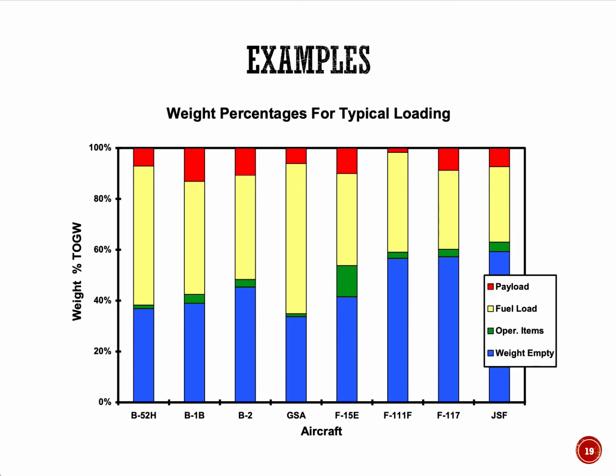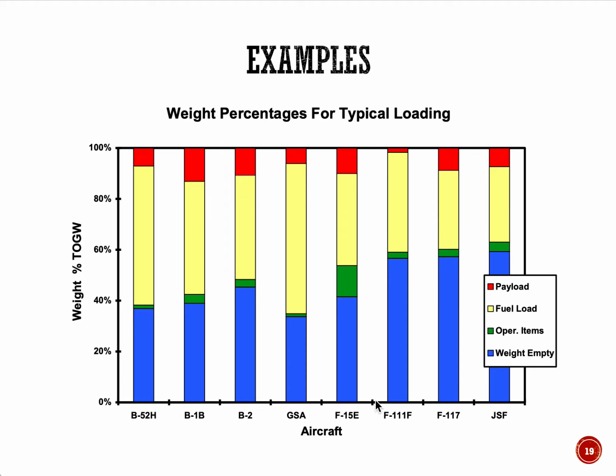You can see that for bombers, the highest percentage is taken by fuel, right? Because bombers usually have a longer range, and for that they need a lot of fuel. And empty weight is lower or even equivalent to other weights. The payload weight is basically the bombs right here, and the crew.